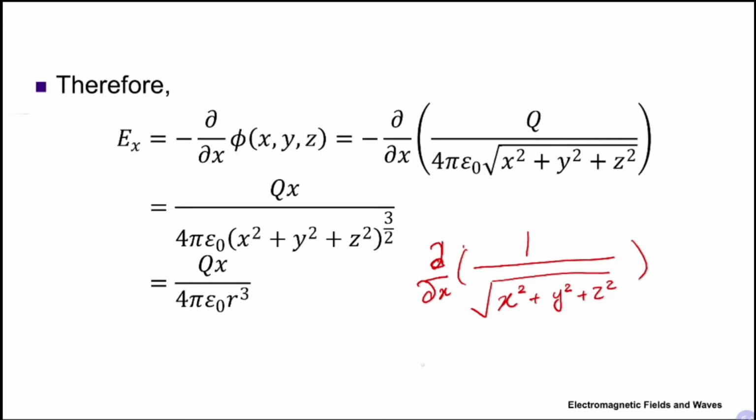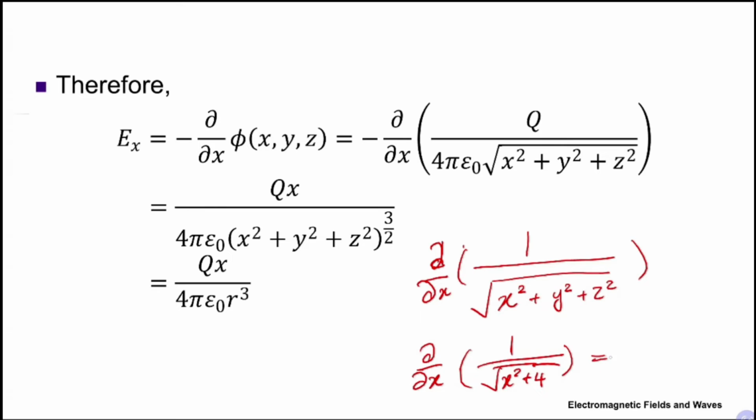So you can think of it as, let's say, plus 4 is a constant. So I can think of my y squared plus z squared as a 4, which is just a constant.